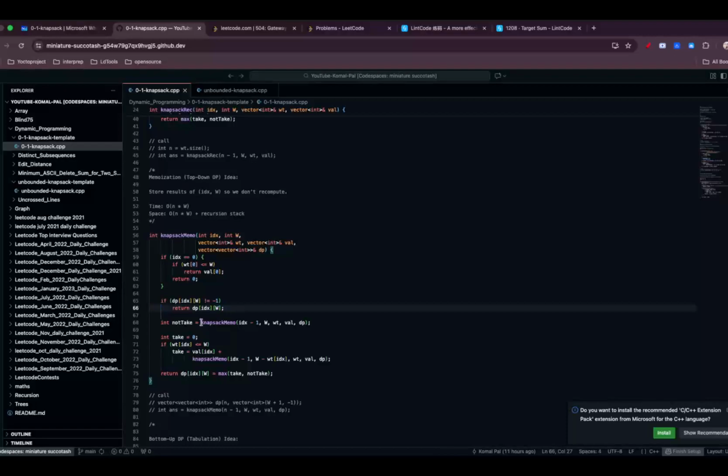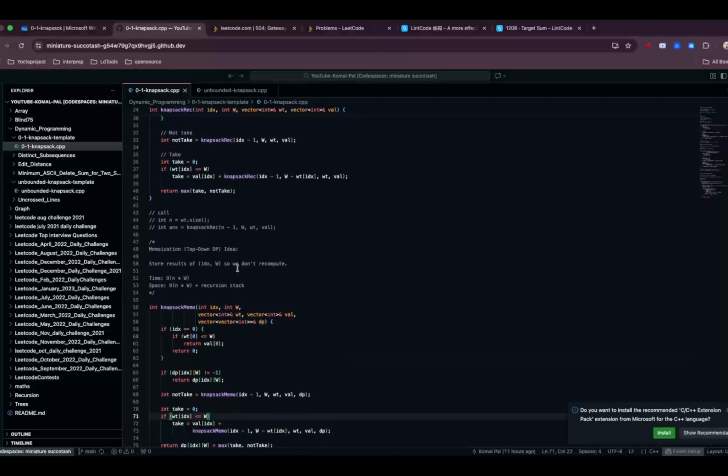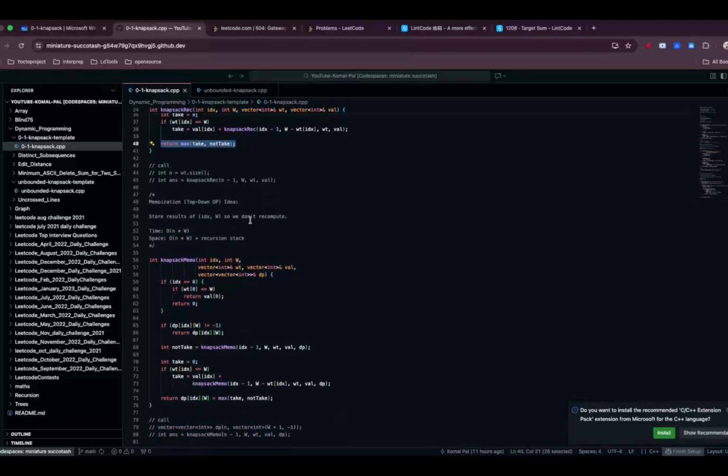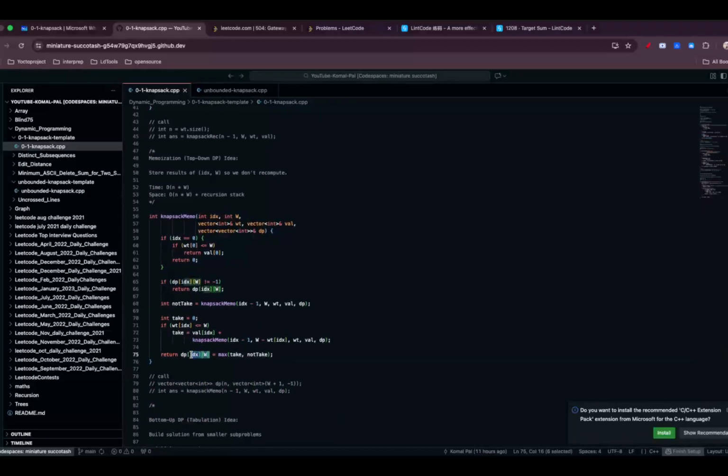Now for the not take variable, whatever we get from this we assign in the same way, and the same for take. At the end, whatever we were returning, we now assign to dp of index weight equals maximum of take or not take.